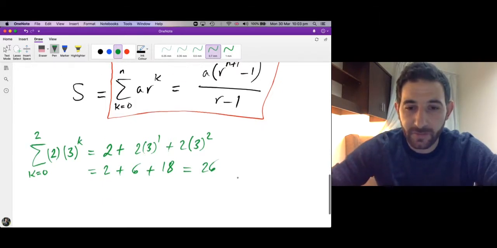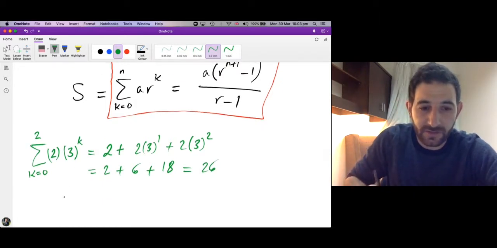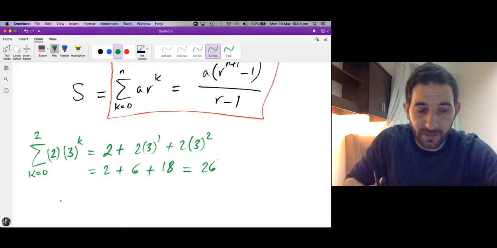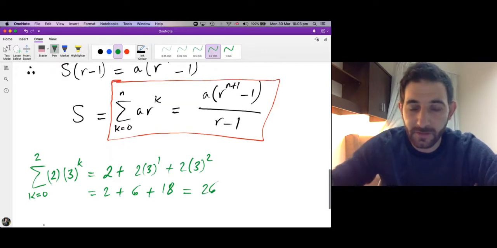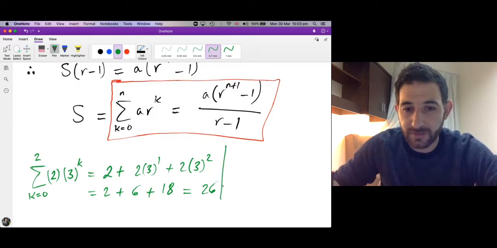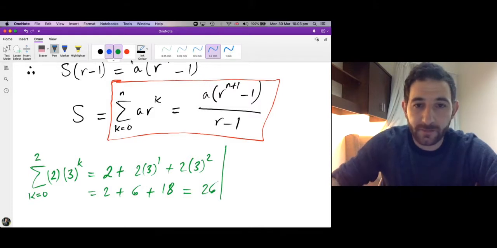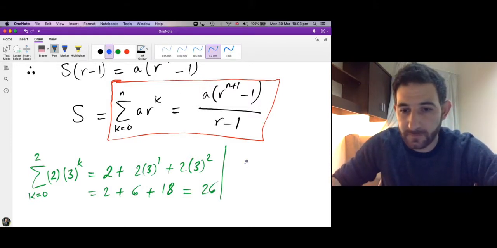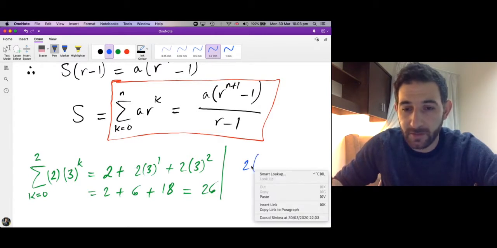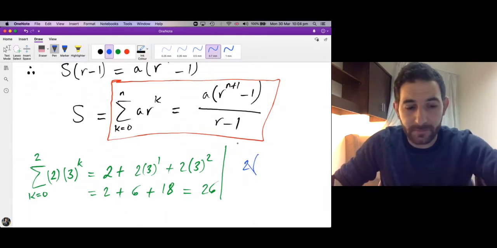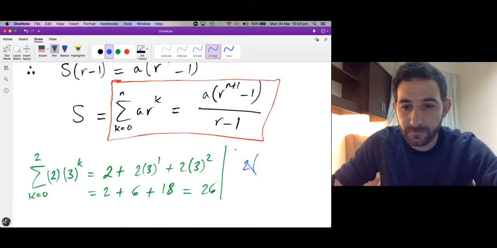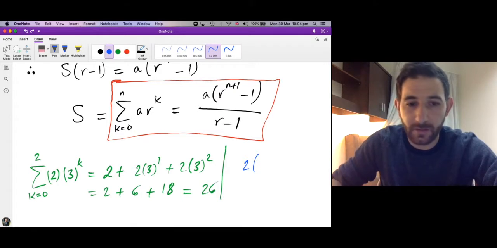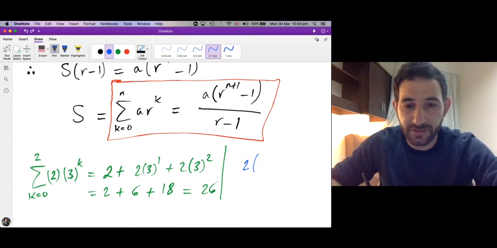Let's check our formula. So what does the formula say? Here is the formula. Let me do it on this side. What is a? A is 2, multiplied by what? Okay, 2. What is r? R is the common ratio. It's 3 here.